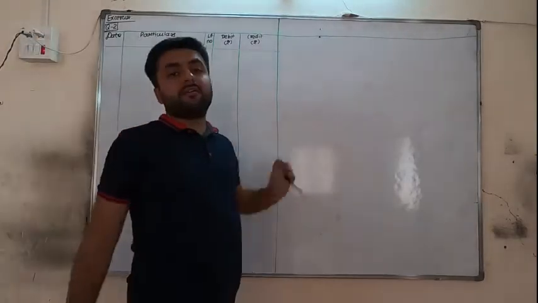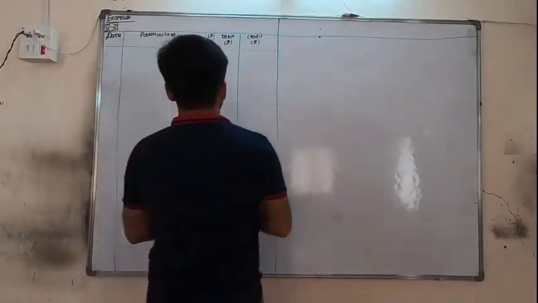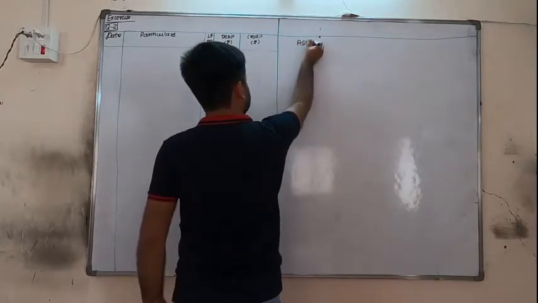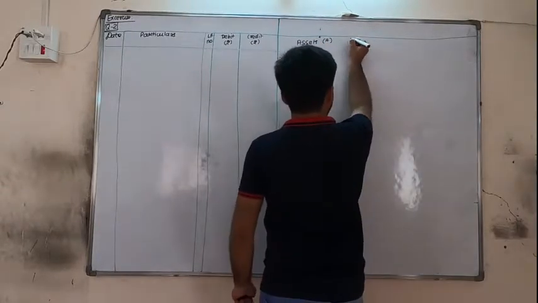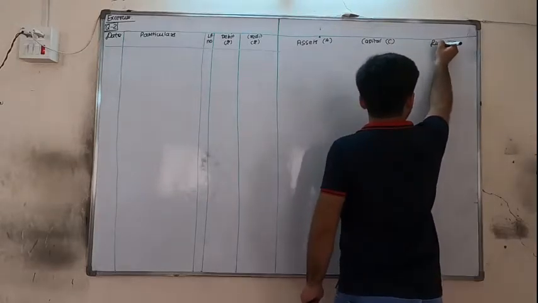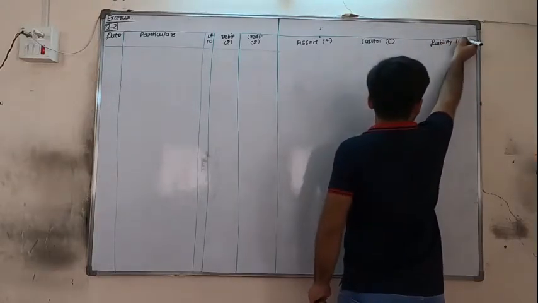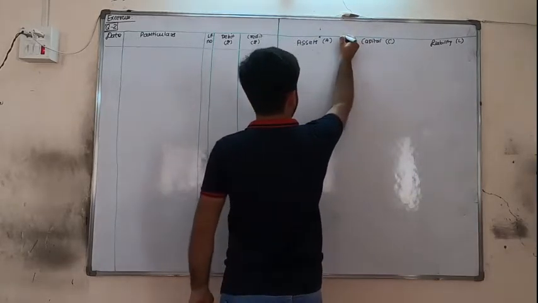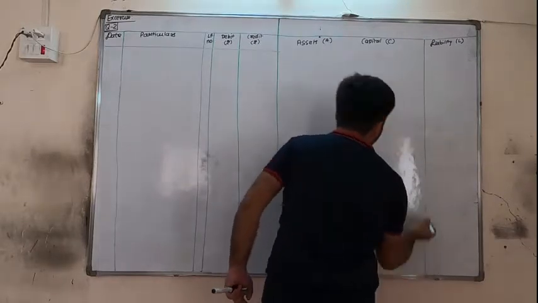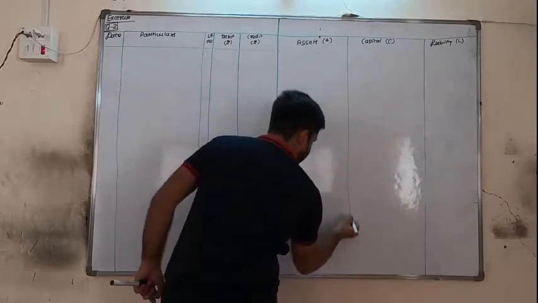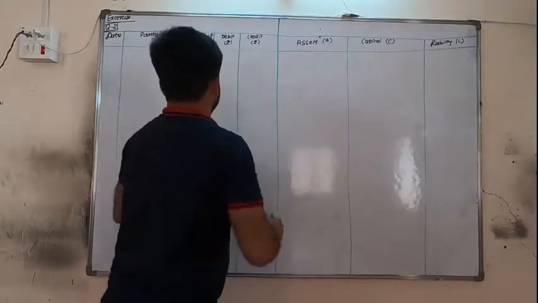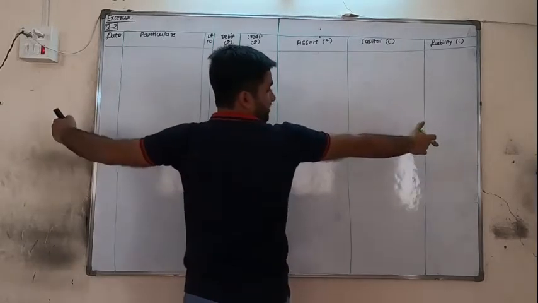And near to it we will have our page 2, where we will have assets A, capital C, liability L. Okay, so this is page 1, this is page 2, both should be together.